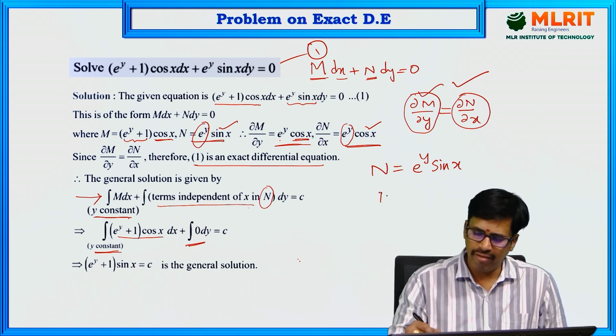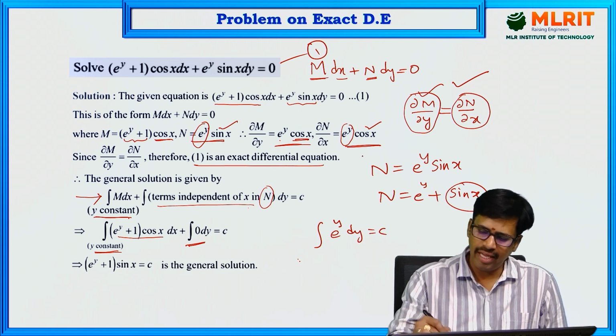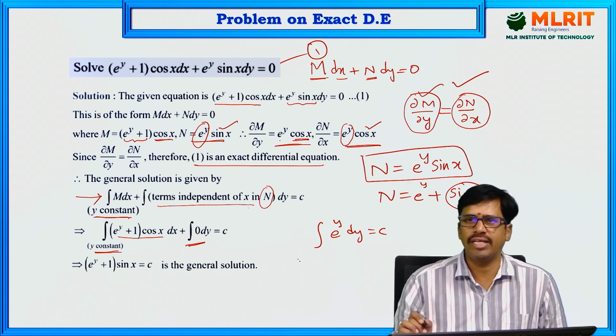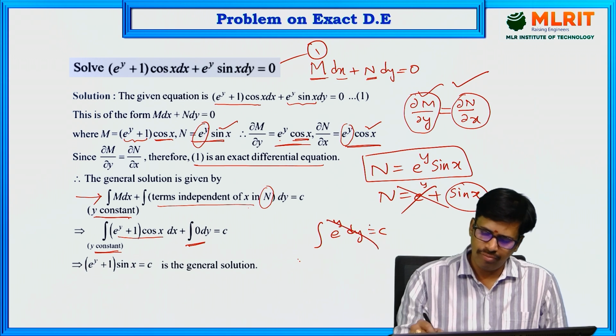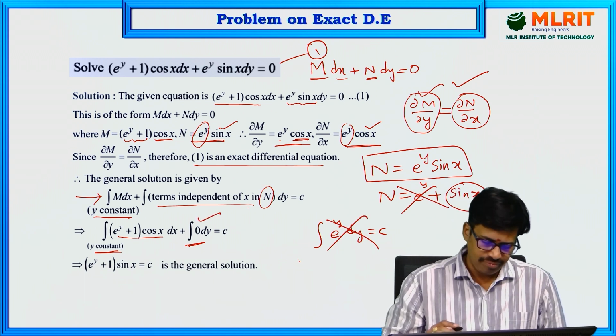Suppose you had N equal to e power y plus sin x, then I could take the integration of terms free from x. I don't want the x terms, so you can take e power y dy. But here I cannot separate the x and y terms, so ignore it, so integral 0 dy.